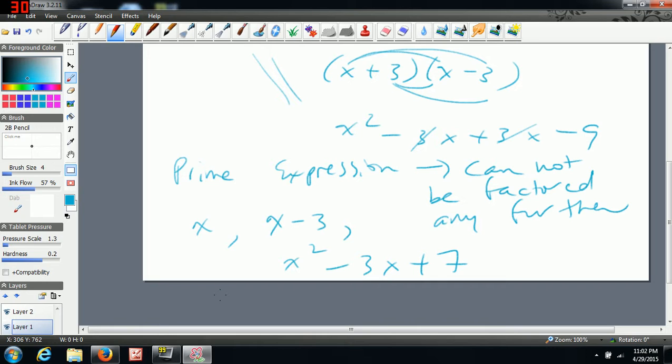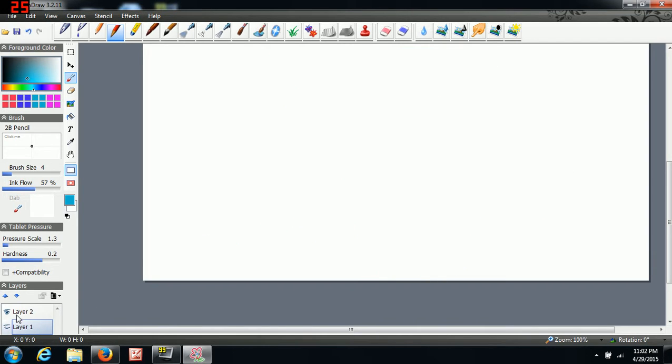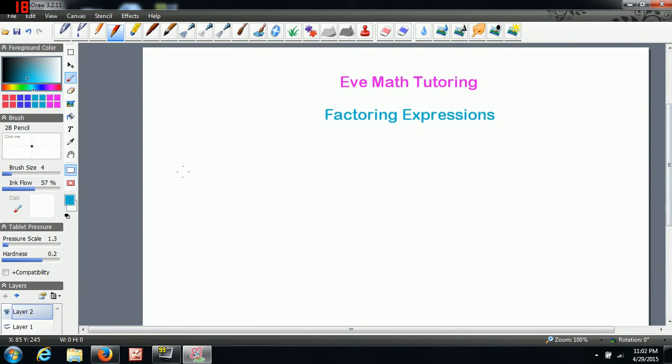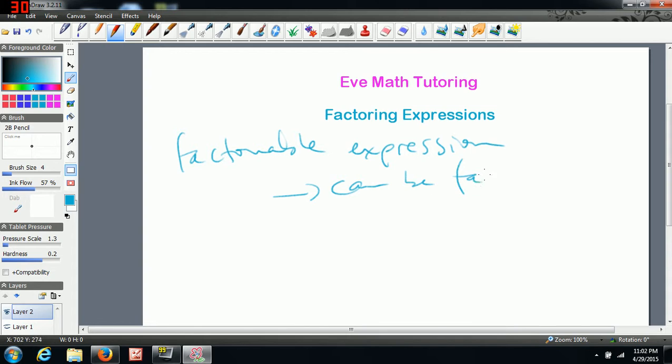And if an expression is not prime and you can factor it further, then the expression is called a factorable expression. So examples of factorable expressions are, let's see here.